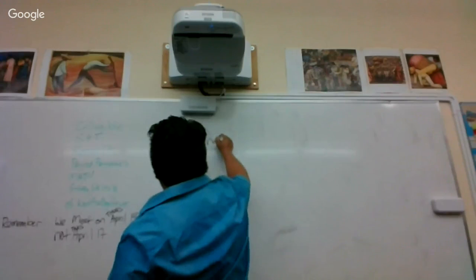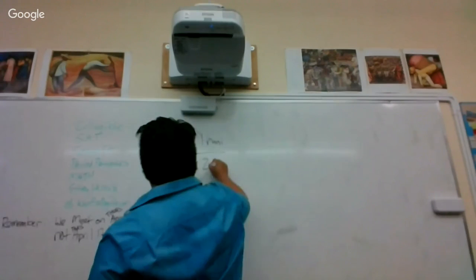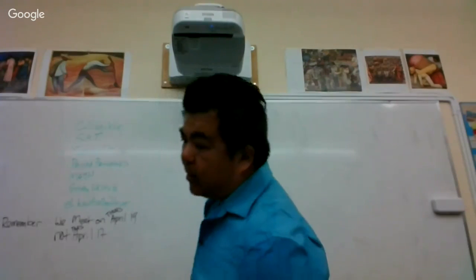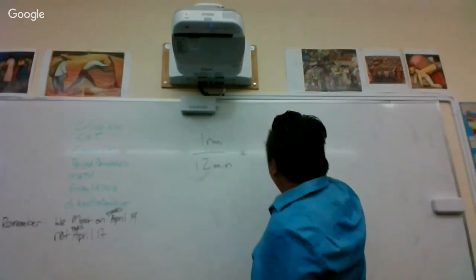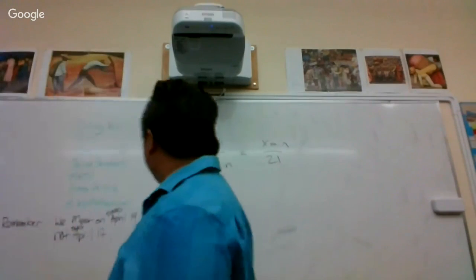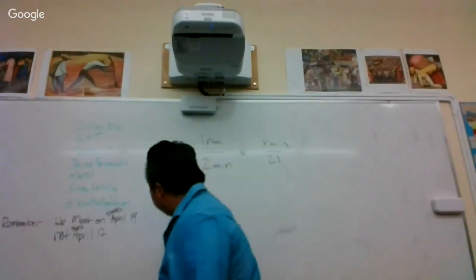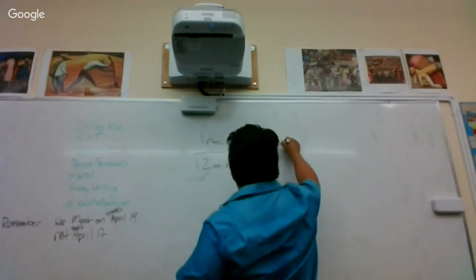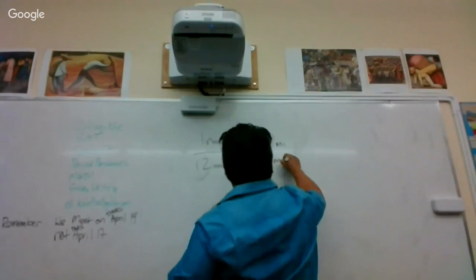What are the proportions that are being set up here, though? 1 over 12, right? 1 mile, 12 minutes, and then it says X minutes for 21, right? Is that what they're saying? 21 miles. Yes. Oh, I got it backwards. 21 miles, X minutes.